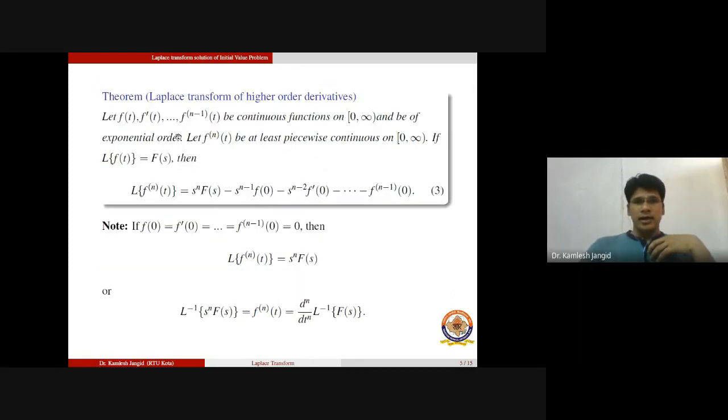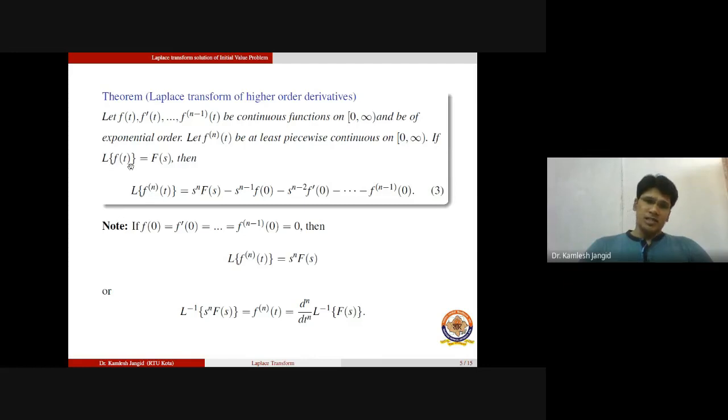So let us see the generalization of this theorem, that is, the previous theorem for the Laplace transform of the first order derivative. In this theorem, we define the Laplace transform of the nth derivative of the function. So let f(t) and its derivatives up to the (n minus 1)th derivative be continuous functions over the interval 0 to infinity and of exponential order, and let the nth derivative of the function be at least piecewise continuous on the interval 0 to infinity.